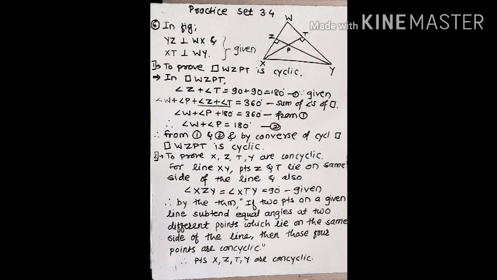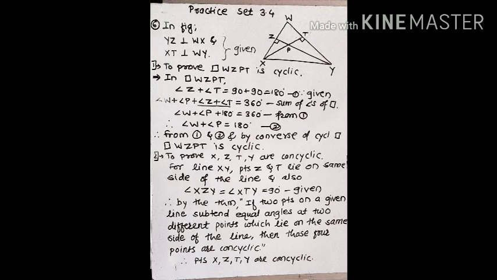Now see here, XY is a segment and Z and T are the 2 points on the same side of the segment XY. And also the angles formed by points Z and T with points X and Y are equal. As we see in the figure, angle XZY and angle XTY are 90 degrees each.